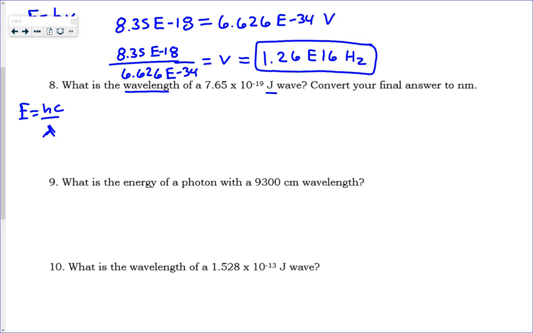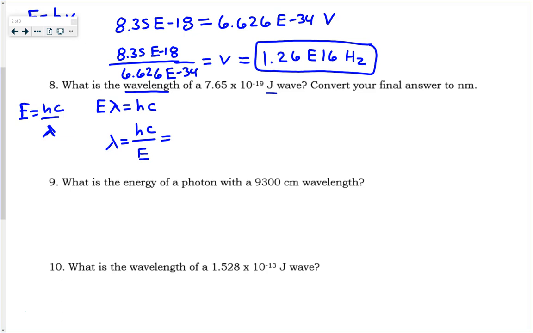So what we're going to do is multiply both sides by lambda and rearrange this equation a little bit. If you multiply both sides by lambda, you get E times lambda equals hc. And then we can go one step further, divide both sides by E, and then you get lambda equals hc over E. All right, so now we're ready to solve for lambda. We can just plug in the numbers.